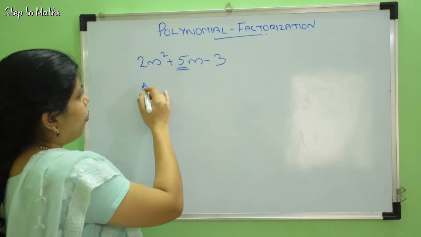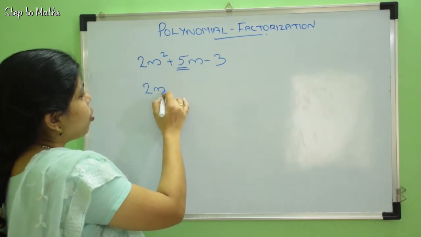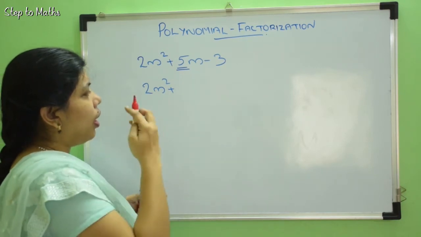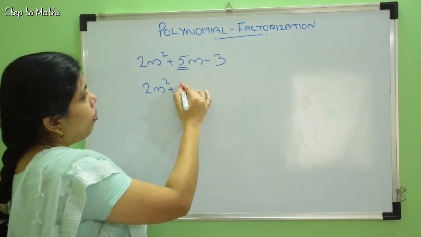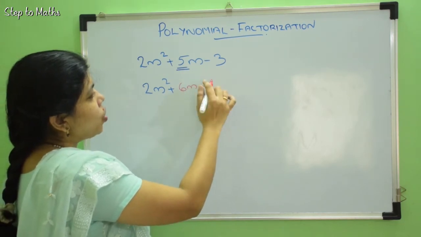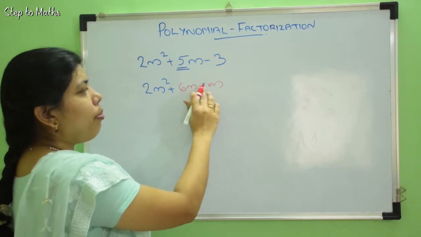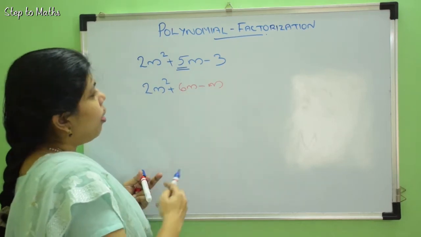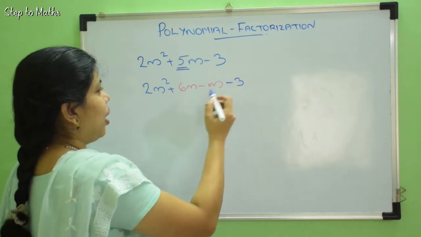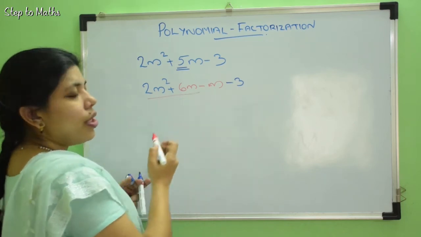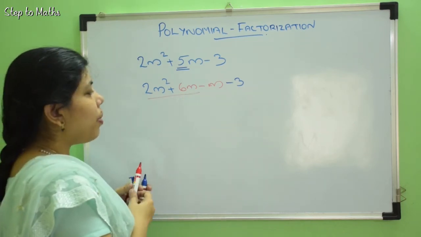Consider 5m. 2m square plus, this 5m can be written as 6m minus m, since 6m minus m is 5m, minus 3. Now consider these two terms, 2m square plus 6m.